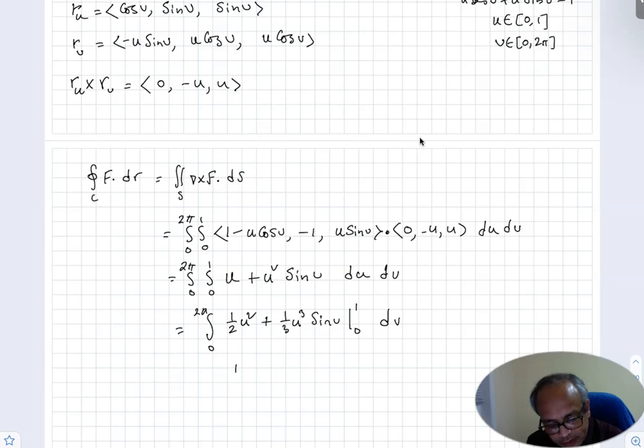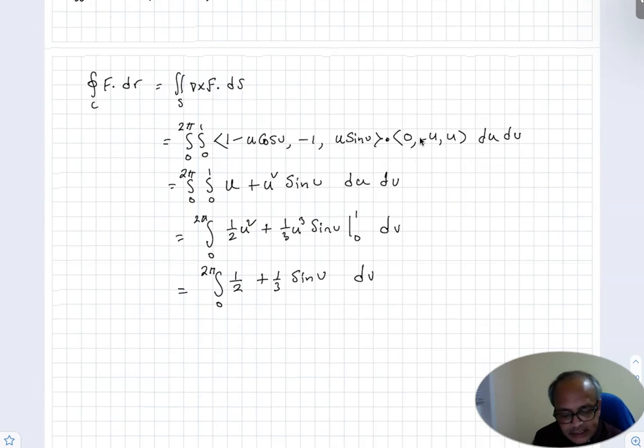So you get half times 1 squared, plus 1/3 times 1 cubed, and then you have sin v. If you set u equal to 0, don't worry about that, because 0 is 0. Then dv from 0 to 2 pi.